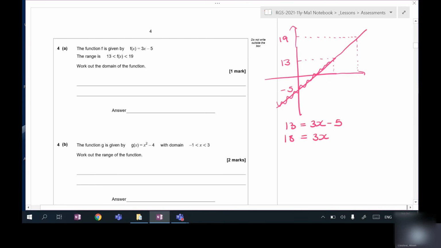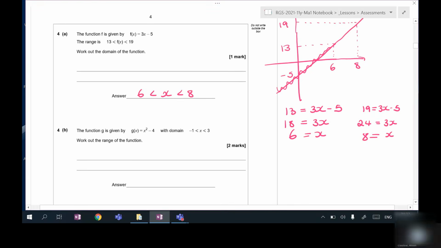So x would be 6. If I do the same thing for 19, okay, now I know that this is 6 and this is 8. So my domain, my set of x values the graph can take, will be 6 to 8. Any domain and range question, always draw the graph and then you can work out what you need from the graph.